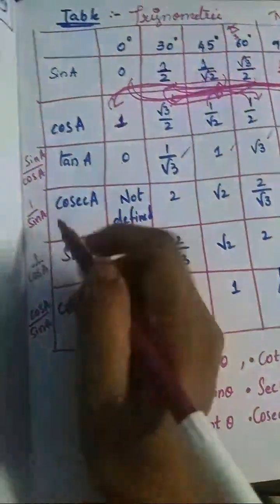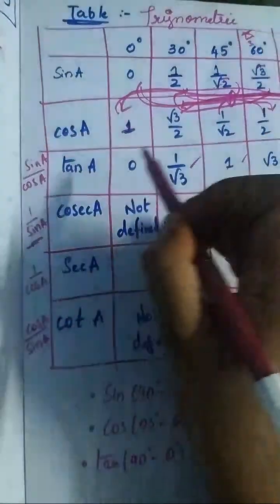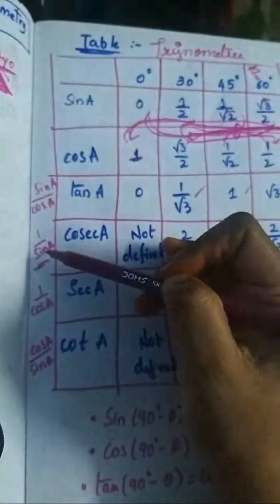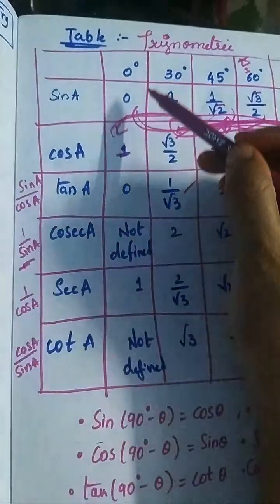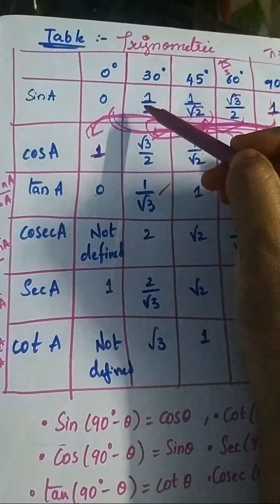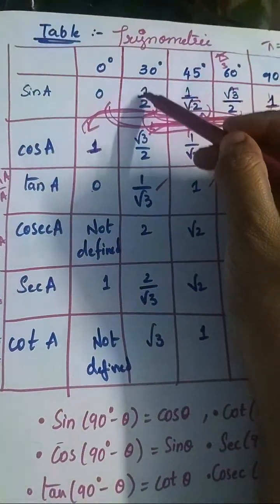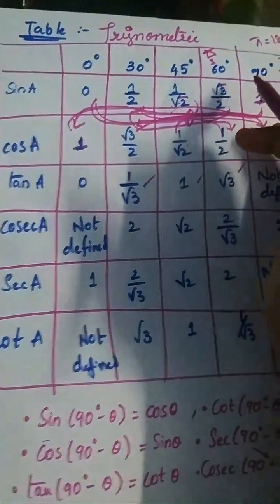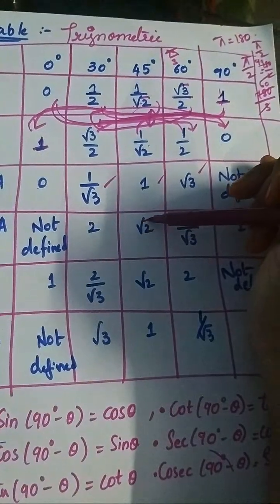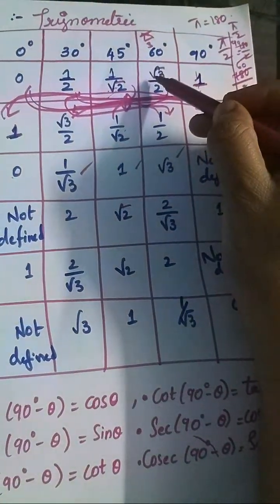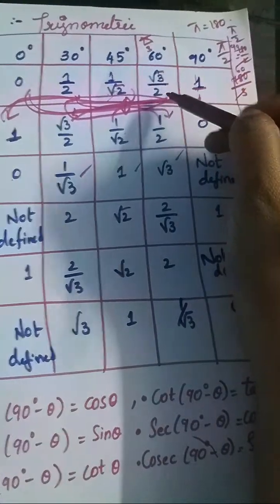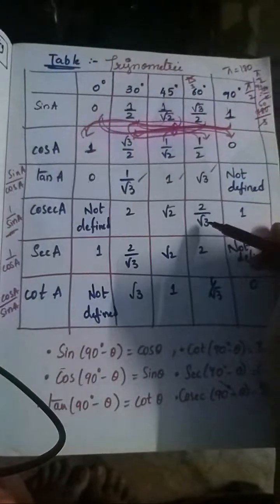Now cosec. Cosec means what? 1 by sine A. We have to do reciprocal of sine A. 1 by sine means reciprocal. Now see 0. 1 by 0 means not defined. And 1 by 1 by 2 means 2. 1 by 1 by root 2, we get root 2. 1 by root 3 by 2 means 2 comes to numerator, root 3 comes to denominator, that is 2 by root 3.